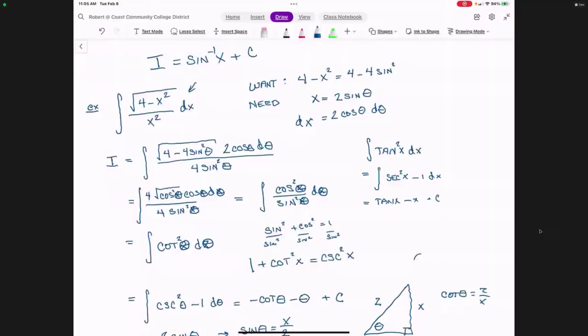And why did you decide that you need x equals 2 sine theta? Because I want to take advantage of this identity. If I just let x equal sine theta, I would have 4 minus sine squared theta, not 4 minus 4 sine squared theta.